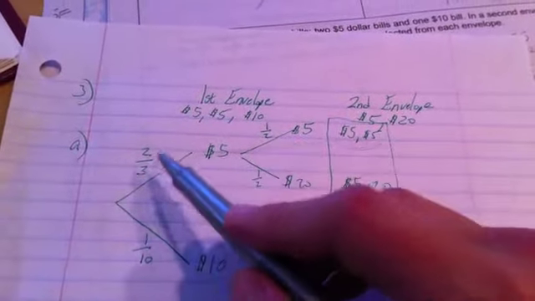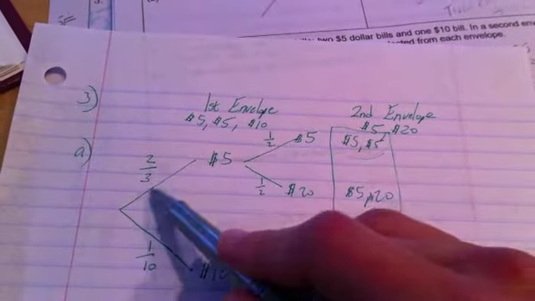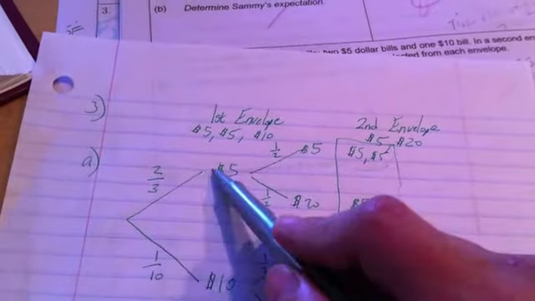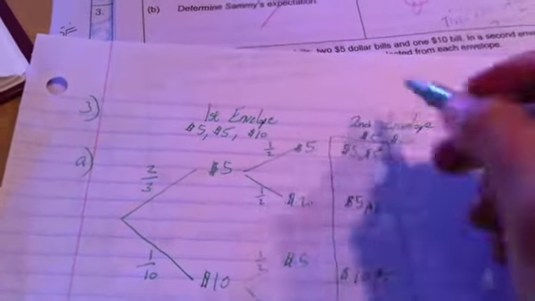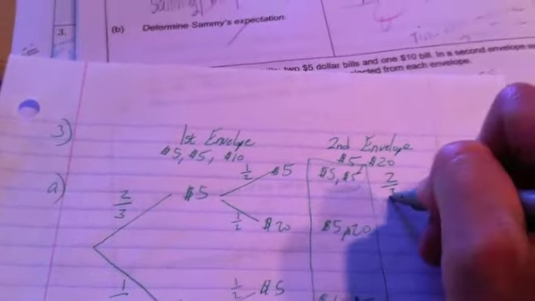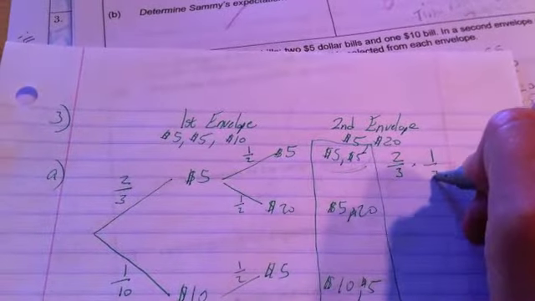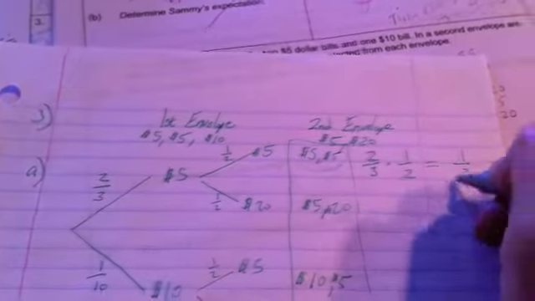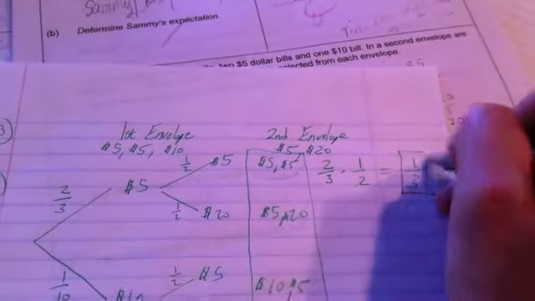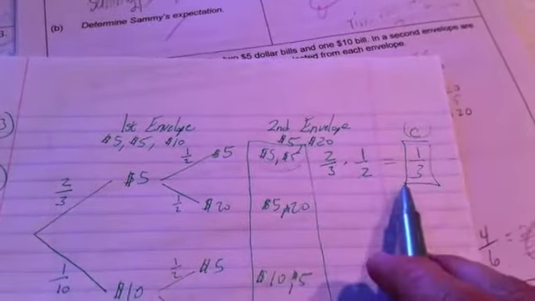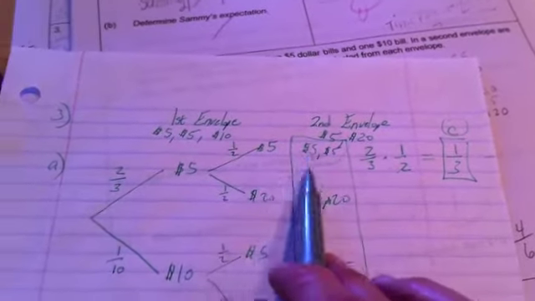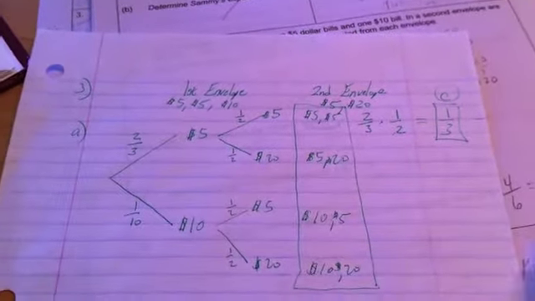And so here it's going to help that we labeled these probabilities, because the probability of getting a 5 and a 5 will just be 2/3 times 1/2. Let the 2's cancel, and I'll get a 1/3. So that's for part C, just the 2/3 times the 1/2 to get the 5 and 5 probability.